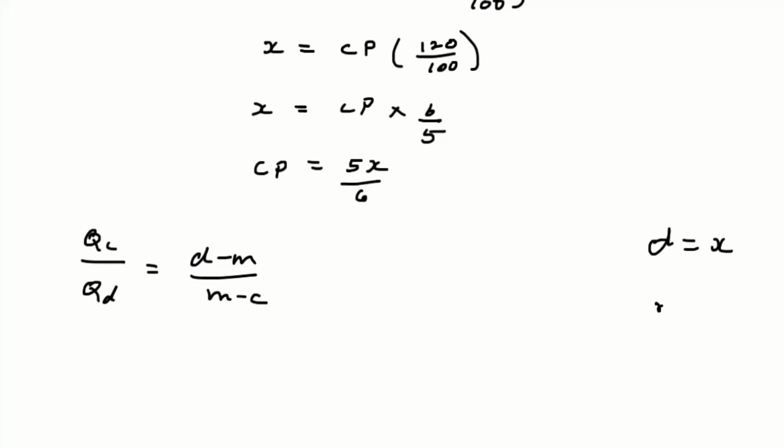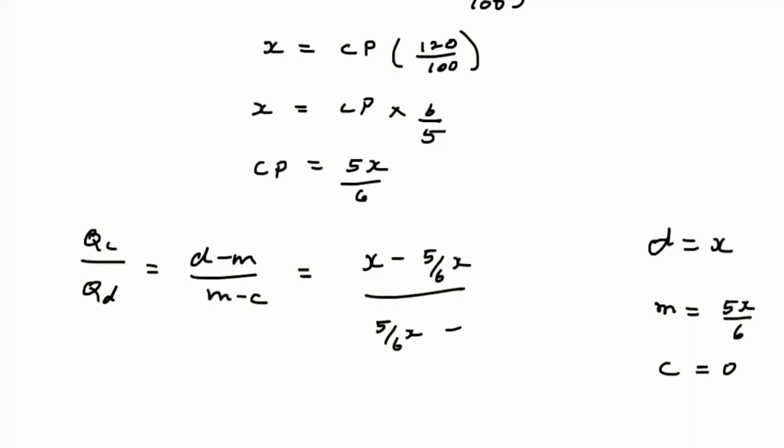Water is mixed, so cheaper price is 0, and the mean price is 5x by 6. So it is D minus M, X minus 5 by 6 x, by 5 by 6 x minus 0.